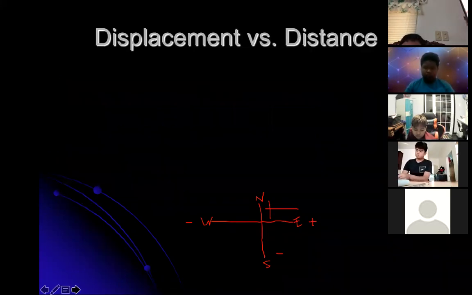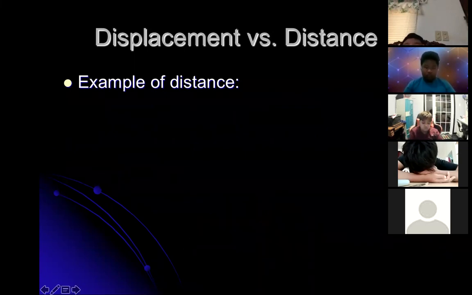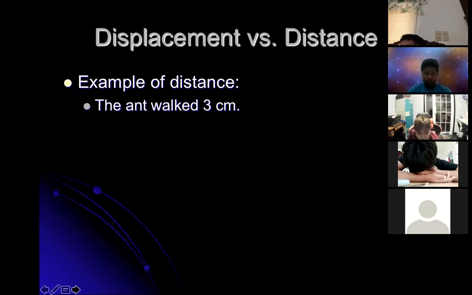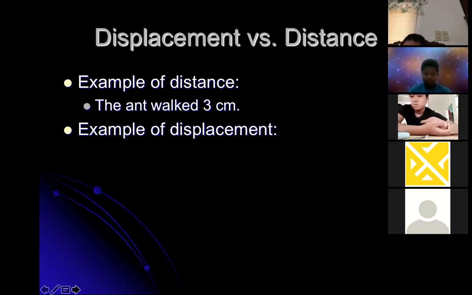Okay? Now let's continue with the idea of displacement. So the example of distance is this. The ant walked 3 centimeters. Again, we don't know what direction the ant is moving as long as the ant covered a total distance of 3 centimeters. Okay?